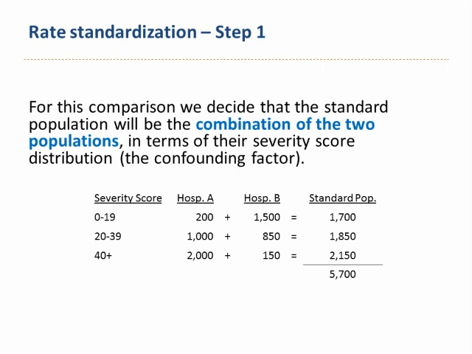In the highest severity score category, 2,000 person days were experienced in Hospital A, and in Hospital B, there were 150, for a total of 2,150. This gives us a total of 5,700 person days of total experience in our hypothetical standard population.